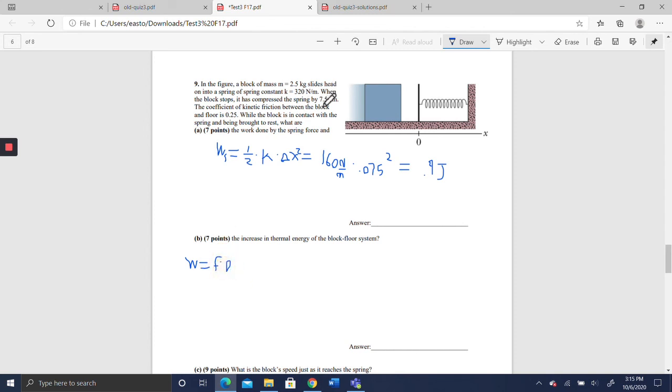So we multiply our force of friction by the distance, which is how far it travels.